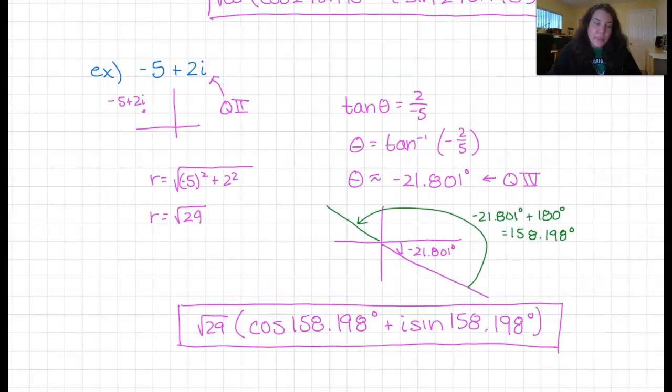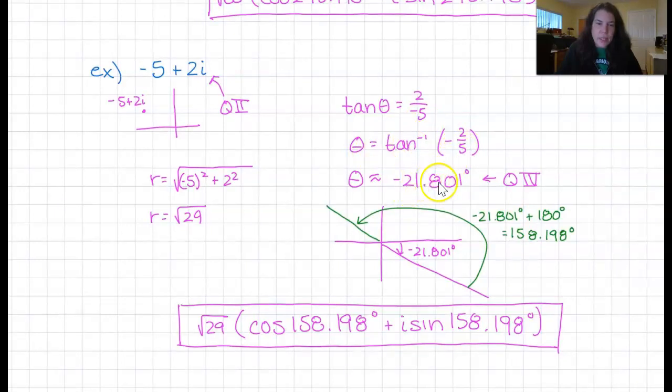All right, so here's the answer for the first one, and you have to be a little careful on this one. Keep in mind that this complex number is in quadrant 2, so that's going to be important when you're dealing with theta. R is straightforward. You just use a formula. It's Pythagorean Theorem. You're going to get the square root of 29. But when you do, tan theta is 2 over negative 5, and so theta is tan inverse of negative 2/5.